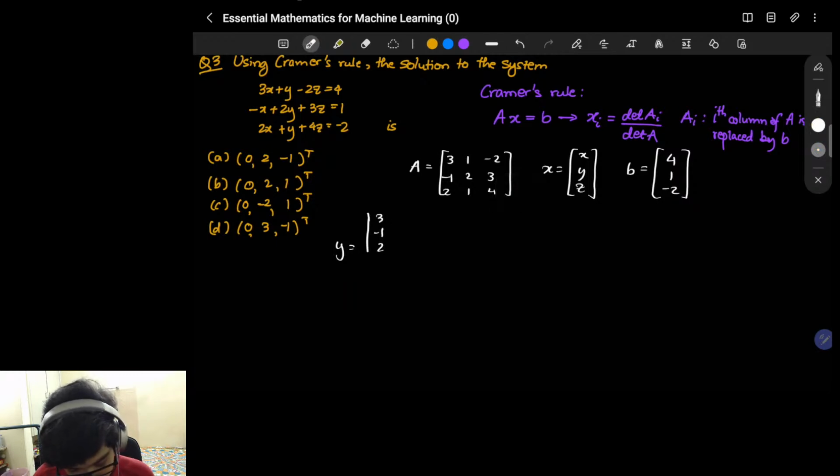Second column will be replaced by this column vector B, that is 4, 1, -2, and the third column will remain as it is.